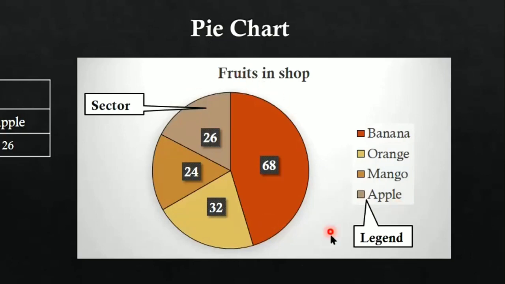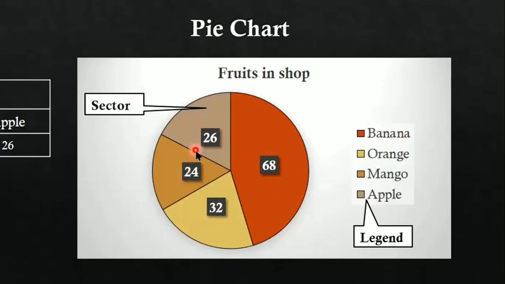Next, the entire pie chart represents 100% of a data set, where each sector or pie slice represents a portion of the whole data set. Here 4 sectors are present.